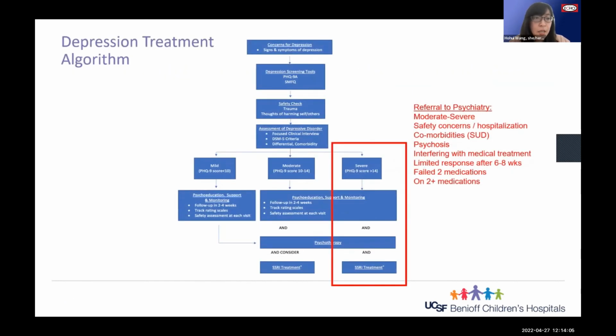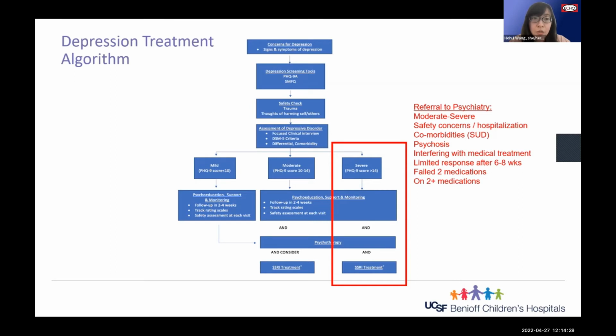And here is a treatment algorithm that we also have on our UCSF CAP website. So this sort of concluded what we just talked about. When we see a teenager, we screen, and then we regularly screen them and see if there is any depression. The screening tools that we recommend are PHQ-9 adolescent and short mood and feeling questionnaire.